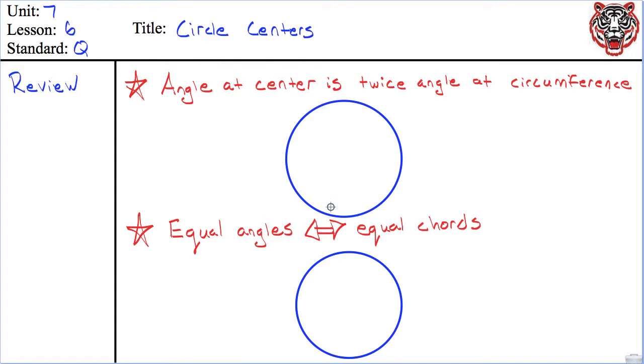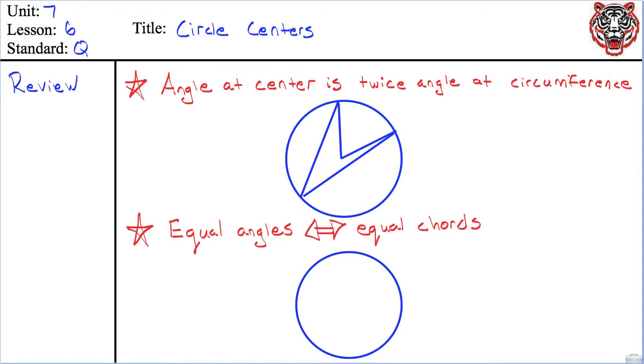But if I have an angle at the center versus an angle at the circumference, let's look at what I mean by that. If I have an angle that looks like this versus an angle that is using the same part of the circumference down here.